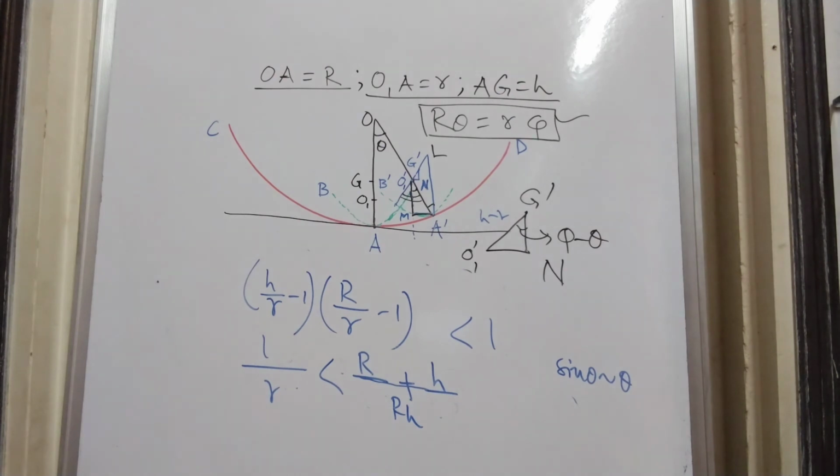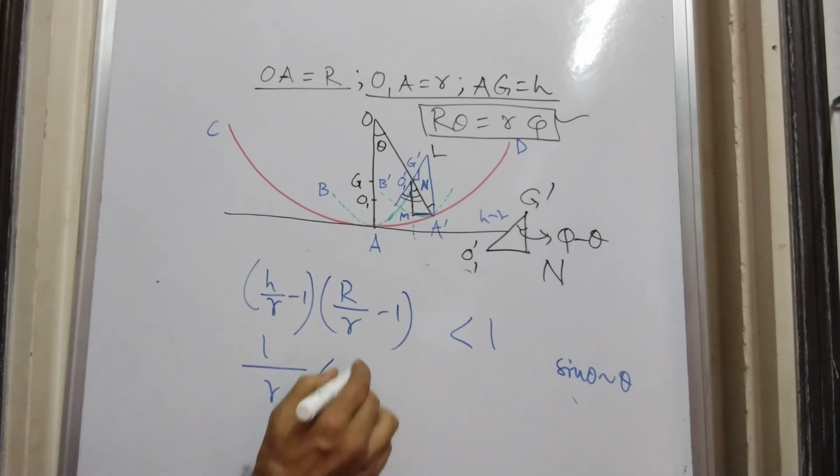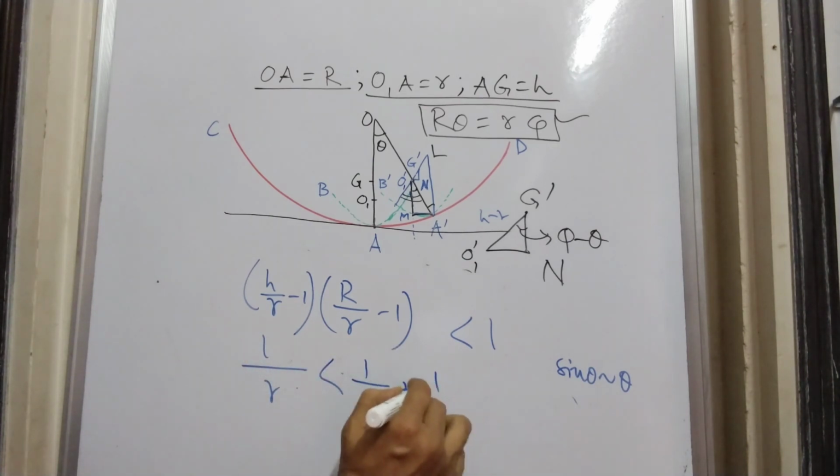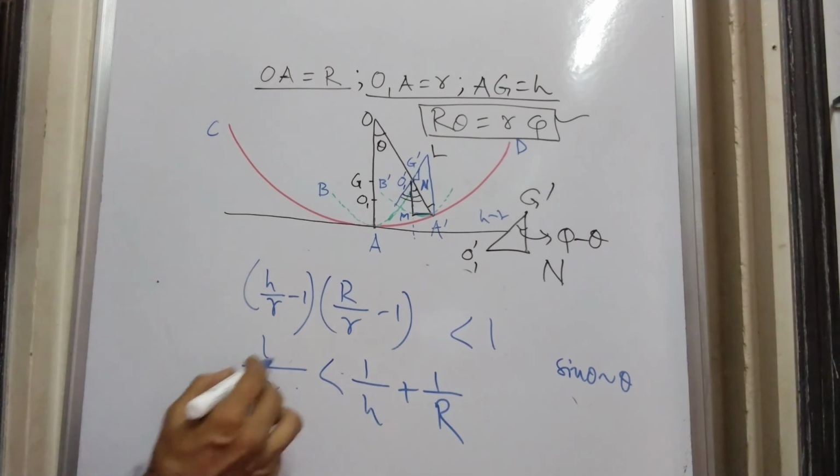So that this becomes 1 by h plus 1 by R. And to give it a very symmetric form, we tend to write it as this inequality.